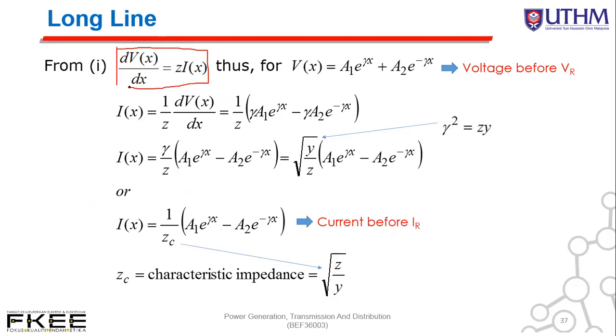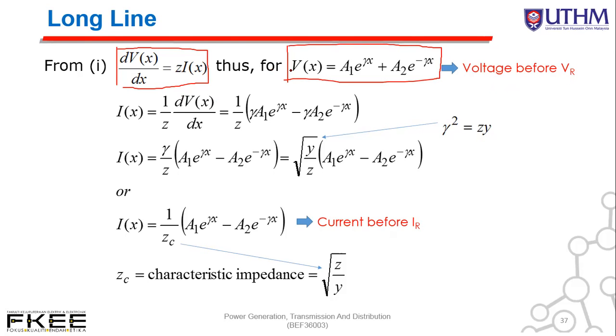Okay, so for Vx, this equation, that is A1 e^(γx) plus A2 e^(−γx), this voltage Vx is the voltage before the receiving voltage.